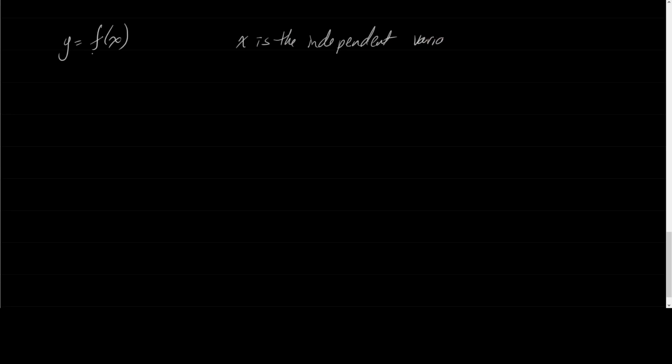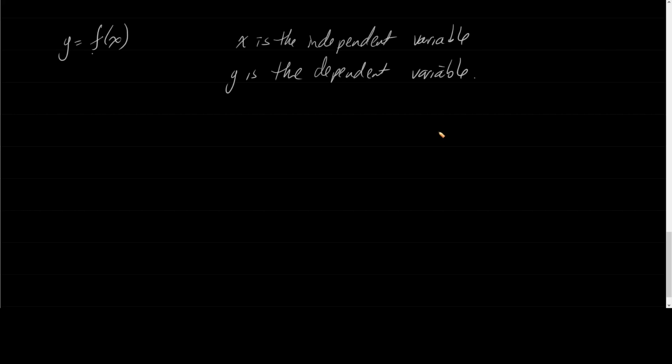And y is the dependent variable. All right. And again, here when we say something like f of x, what we're saying is what is the value of y when you plug in x. All right. That's essentially what that's saying when you say something like y equals f of x.